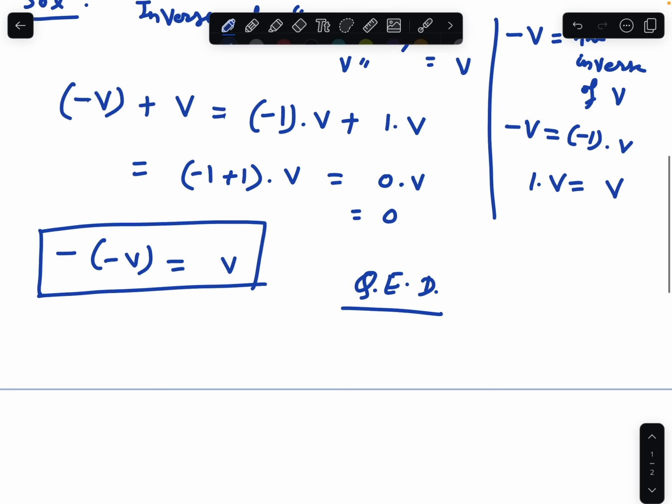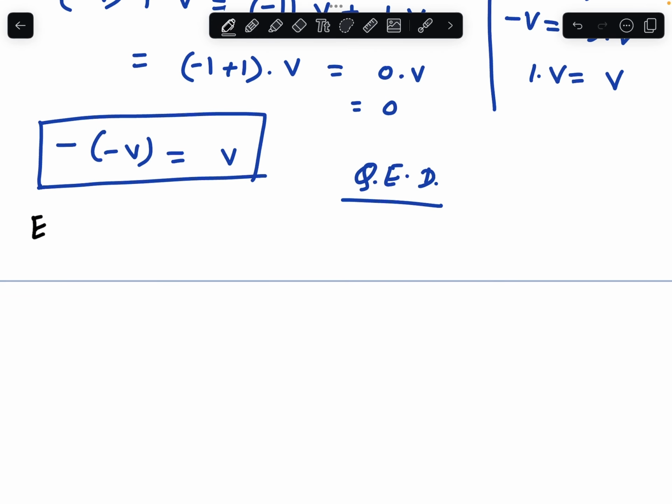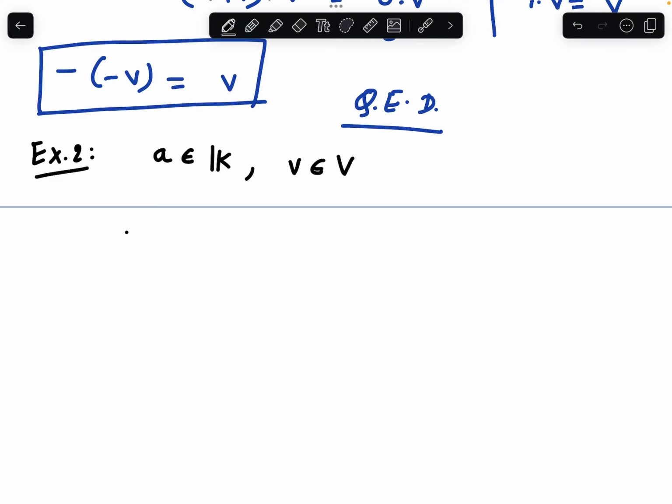Okay. Let's move on to exercise number 2. A belongs to K and V belongs to V. Now if A dot V is 0, then A is 0 or V is 0.